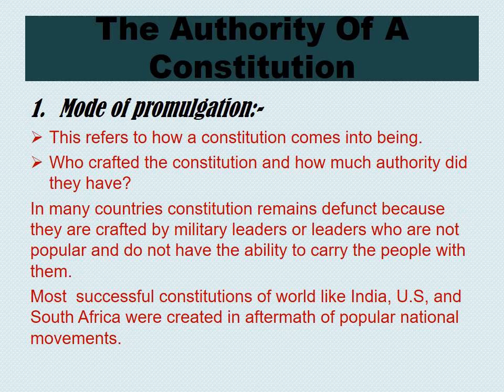It was a really difficult task, so that they could put the views, demands and needs of every section of the society at that time. So the authority of a constitution comes from the people who crafted it. Let's see more.